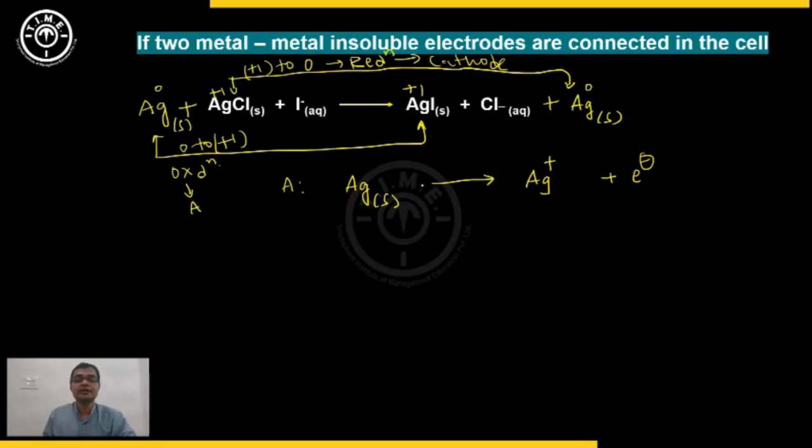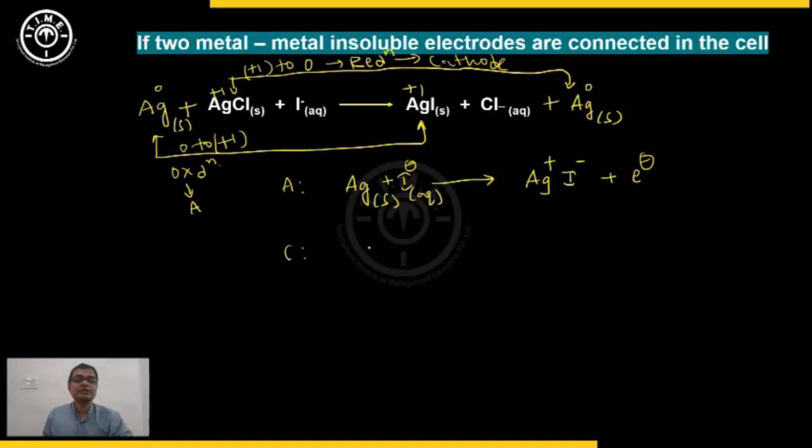Ag+ is there, and here it is AgI, so this is I minus. So on the left hand side you also have to write I minus, in aqueous state. Now the charges are balanced, with one electron here, and I minus balances. This is the anode reaction.